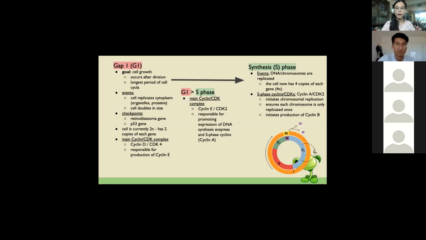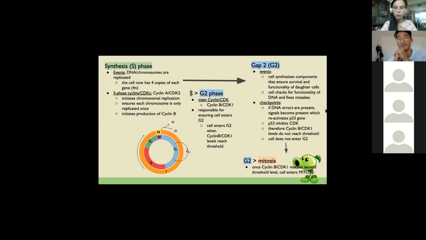So there will be 2 copies of chromosome 1, but each copy will have 2 chromatids, so that in total there are 4 copies of each gene. I hope that makes sense, everyone. Hopefully there are some diagrams that will help you visualize that as well.